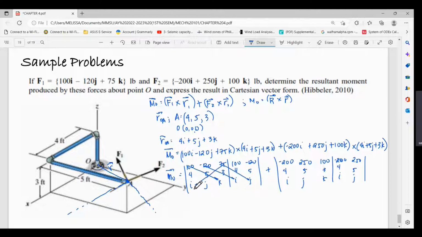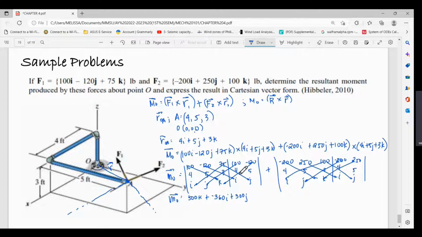Tapos to minus. Yan. So, adding two determinants and also this one. Pag ganun din later on. So, we have here. Pwede nating idiretso na. So, we have 500K plus negative 360I. 75 times 4, 300 plus 300J.